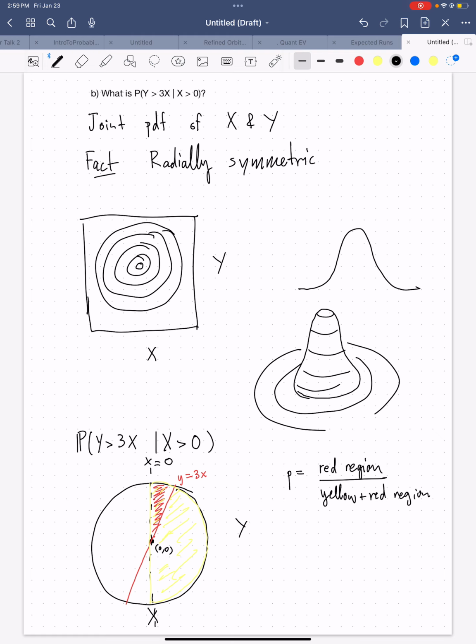To compute this area, it's the same because everything is uniform on these circles. We just have to know the ratio of this angle to the total angle, which is pi if we're thinking in radians. How do we figure out this angle?